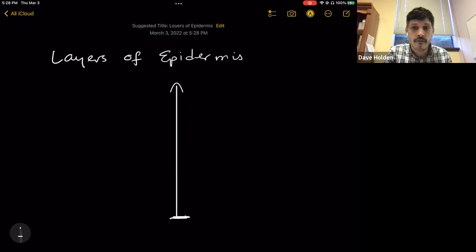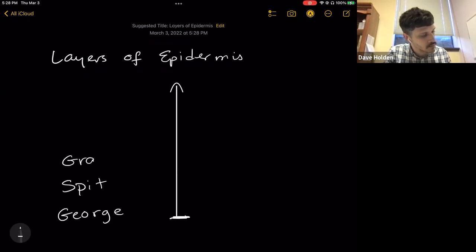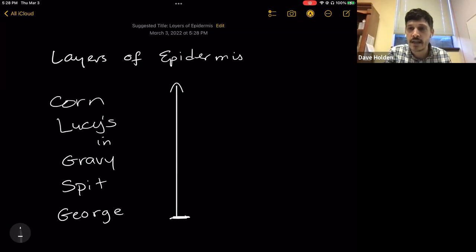So starting from the bottom: George spit gravy in Lucy's corn. I didn't make it up. I'm just telling you how to learn it.